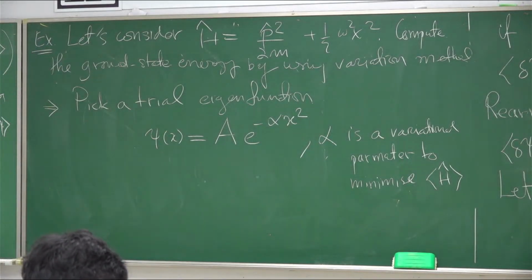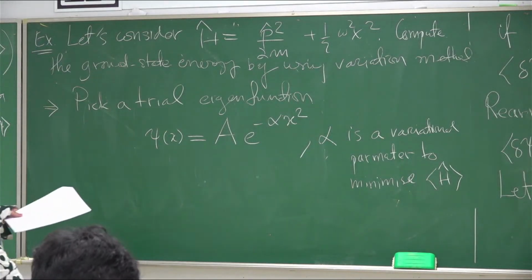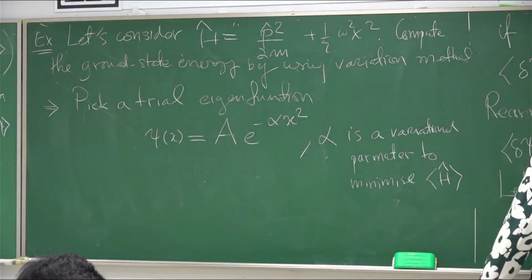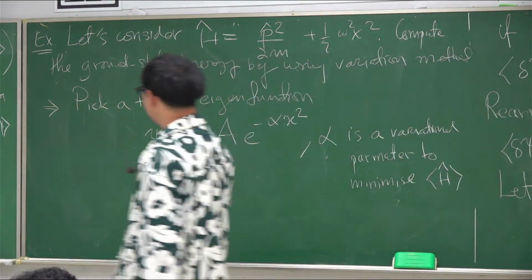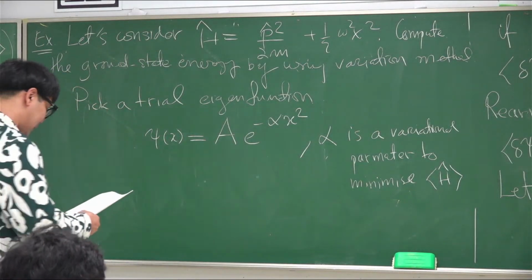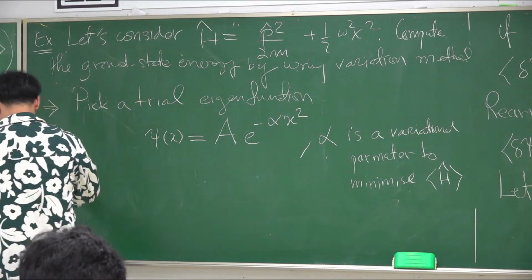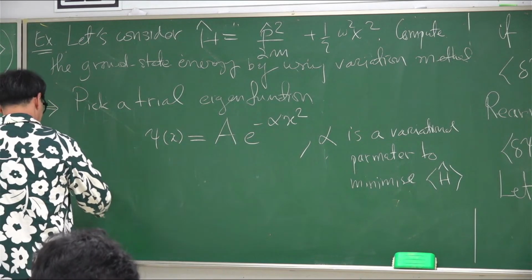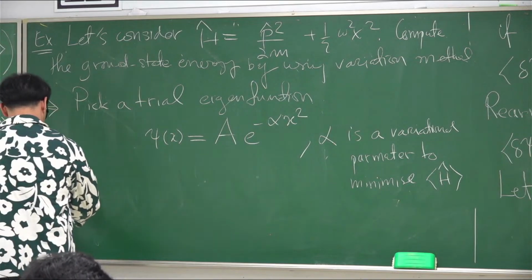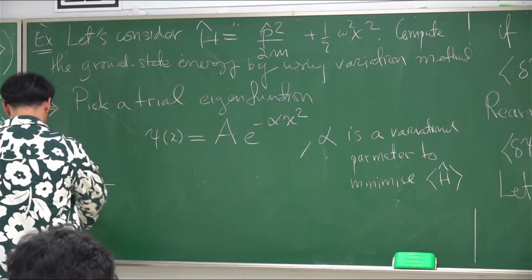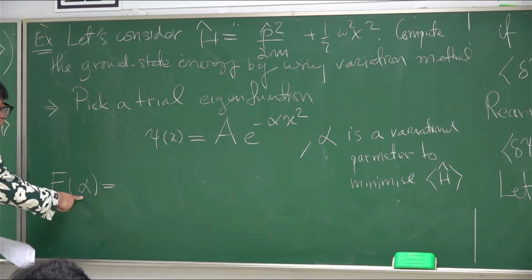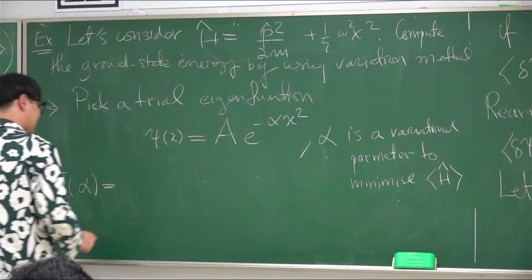Okay. So you need a variational parameter to take the condition, which is going to give you a critical condition, or extremum, right? So then now it means that your energy is going to depend on this parameter.